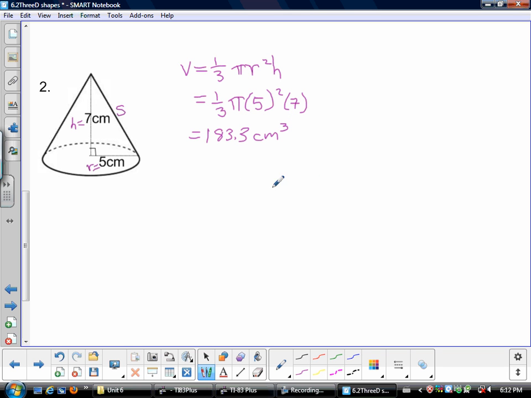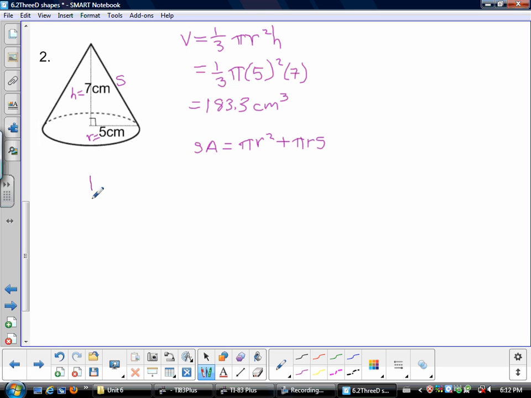Now, when we're looking at the surface area, if I write down the formula for the surface area, it says it's pi r squared, which is the bottom of the cone, plus pi r s. Now, we don't know s, so we have to calculate it. So it is a right angle triangle, so I'm going to take it out of the diagram. Put my s here. This is 5, and this is 7.